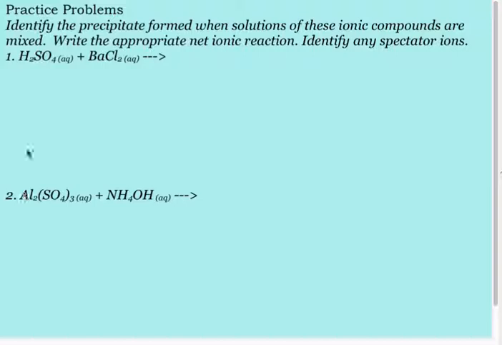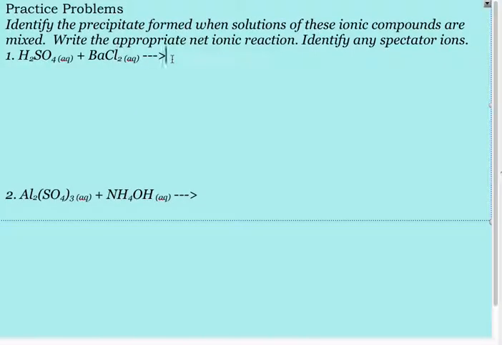All right, so what you can do here is predict the products and do your net ionic reaction, because you can identify which one of these would be your precipitate. So you do your double replacement, and we get BaSO4, and we would get HCl.